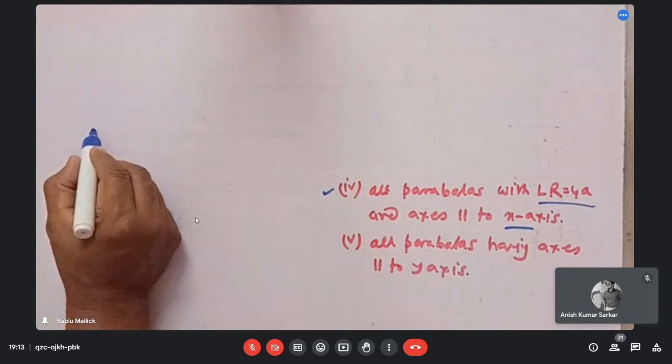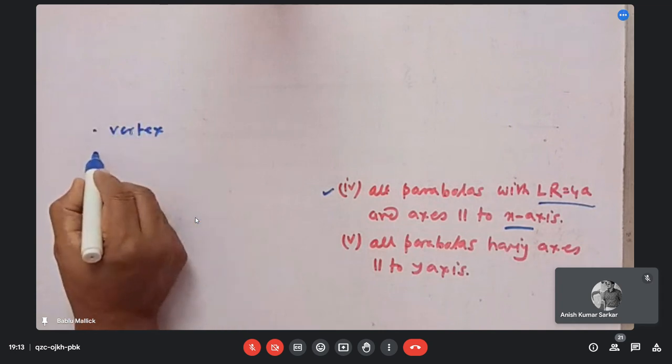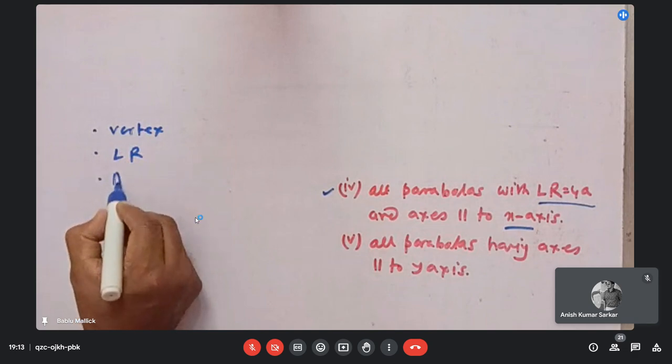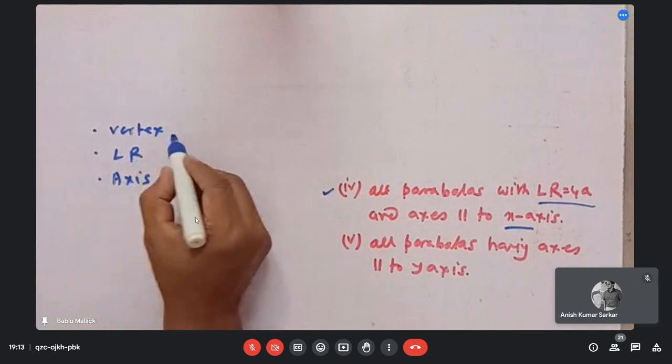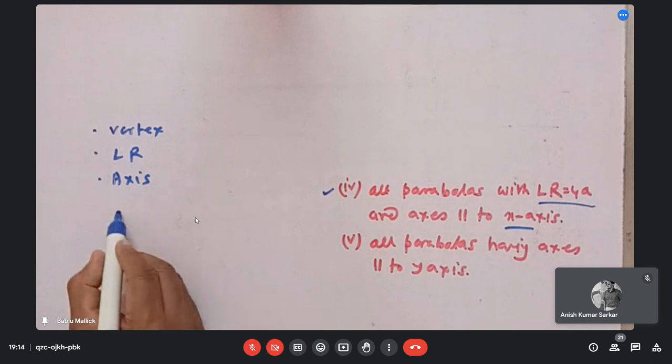Number one, its vertex, its latus rectum, and axis. If I know these three things, then we can easily find the equation of the parabola.